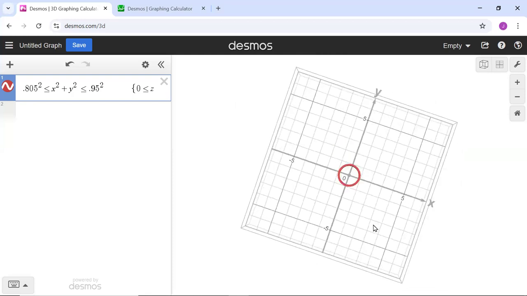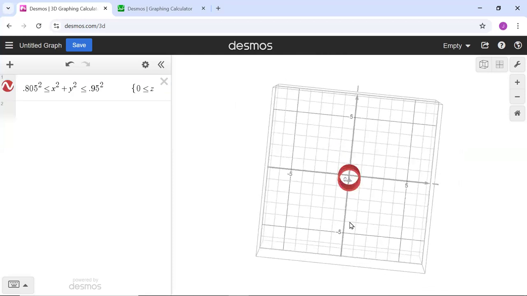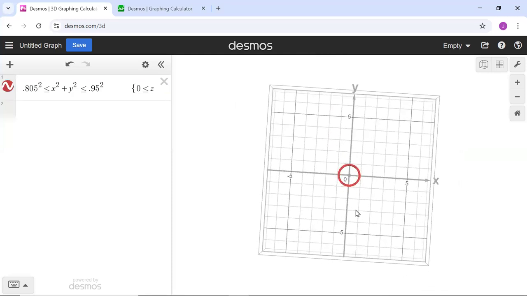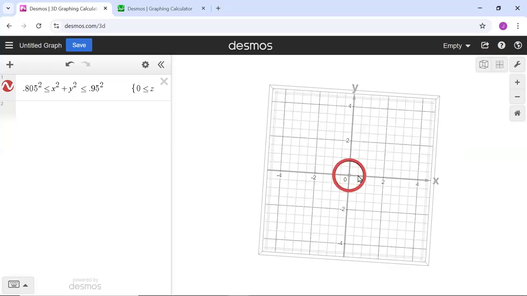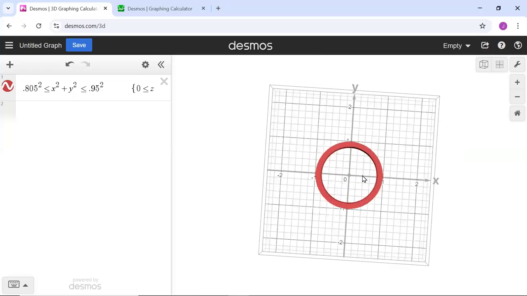So if you think about integrating in cylindrical coordinates, I can start my integration with r at the radius of 0.805 and go out to the radius of 0.95.